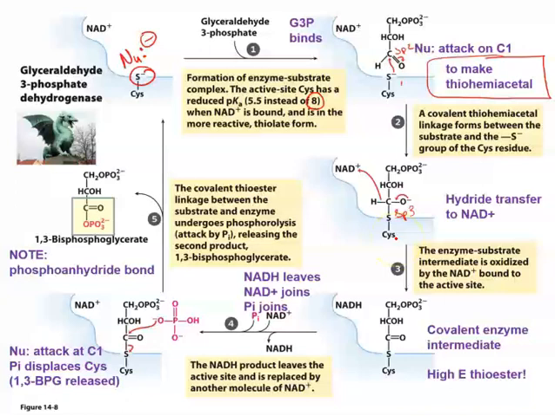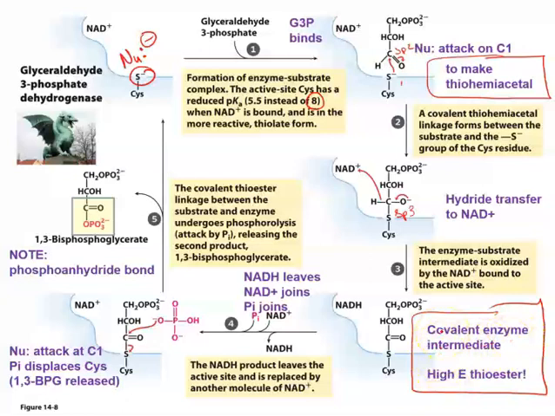And when this tetrahedral intermediate collapses, we're able then to provide a hydrogen to NAD+. So we have this hydride transfer to NAD+, and we form a covalent enzyme intermediate. So we're making use of this concept of covalent enzymatic catalysis.